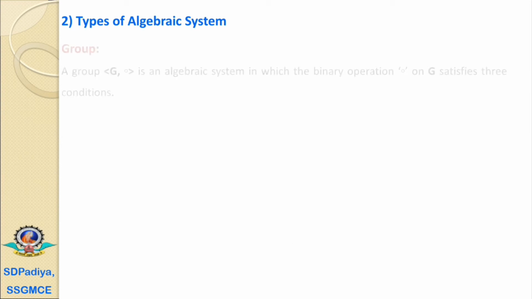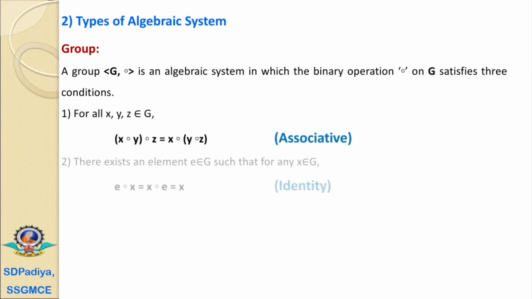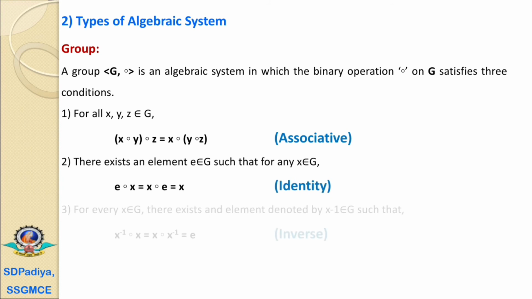The third type is group. A group is an algebraic system in which the binary operation composition on the set capital G satisfies three conditions. The first, it is associative. The second, it has an identity element, and third, it has an inverse element.